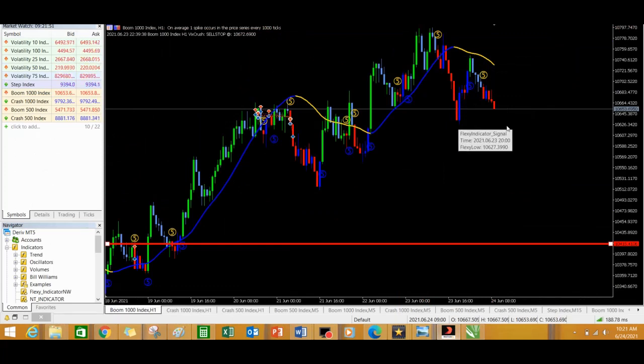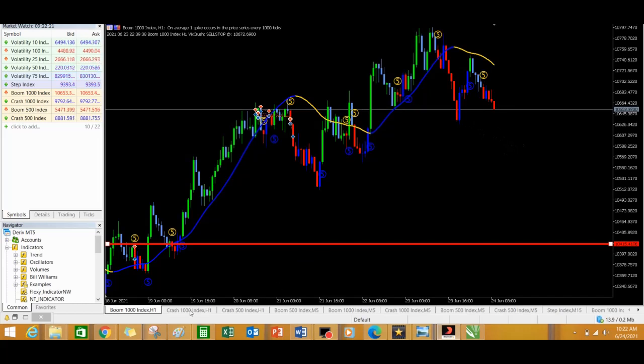Once it breaks this support level, it's going to fall below this. Right now it is still selling and it will sell till this level, and once it is approaching this level, you should exit the market because there might be a pullback or probably it breaks out from there. If it's going to break out from there, then wait for the breakout before you come in again. That is that.